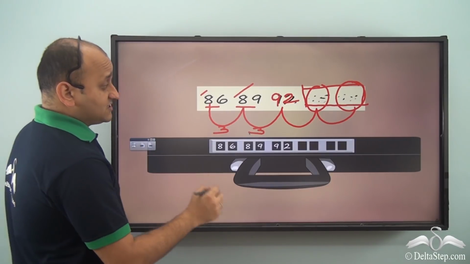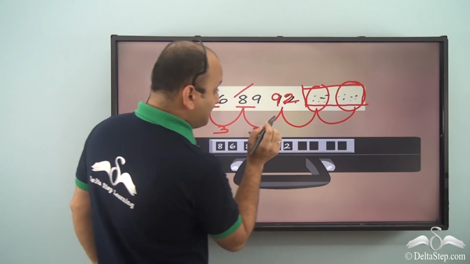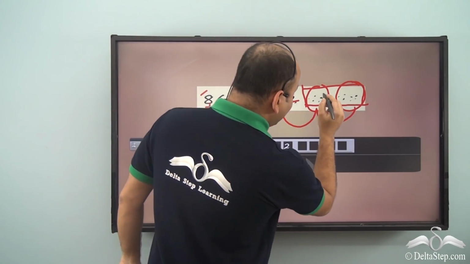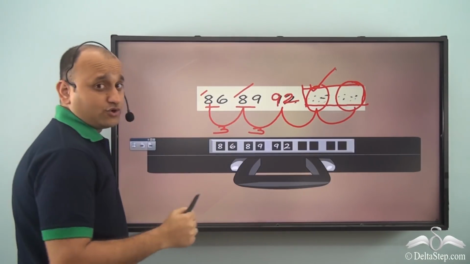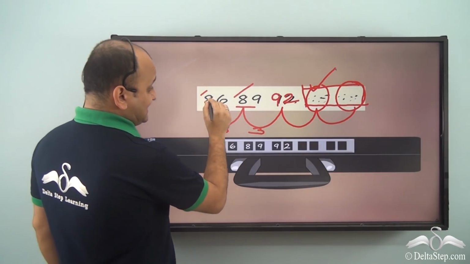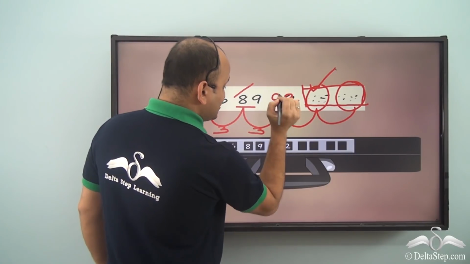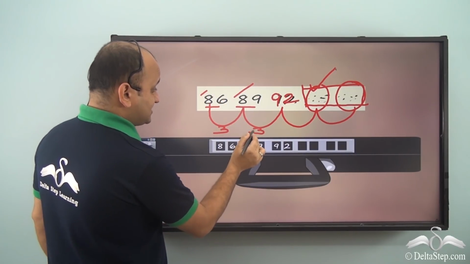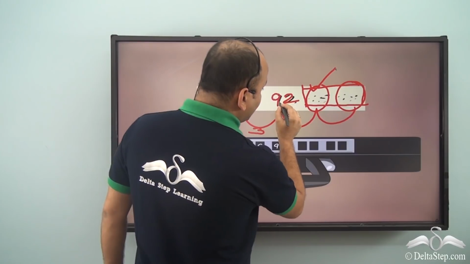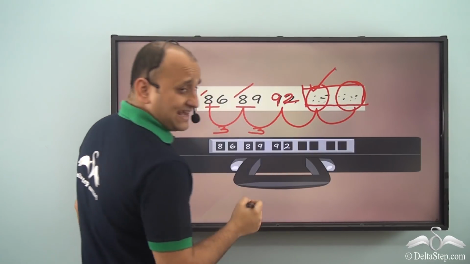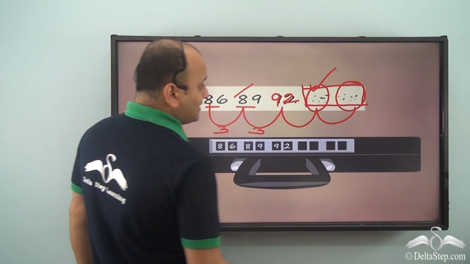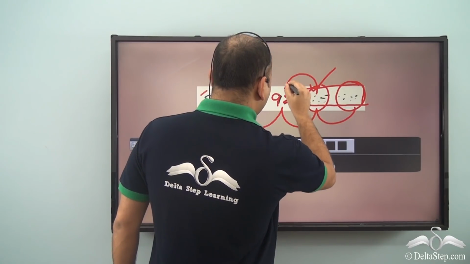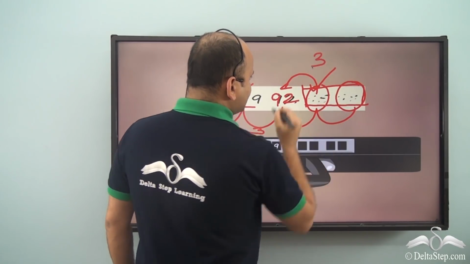So if we consider this series to be in AP, then what would be the next member in this series? What do you think? Well, 86, 89, 92. If the difference is constant, that is 3, then after 92, what would be the next number? Well, again, the difference between the next number and 92 will be 3, isn't it?